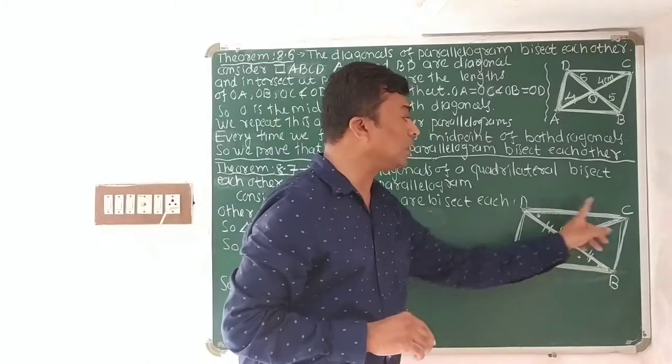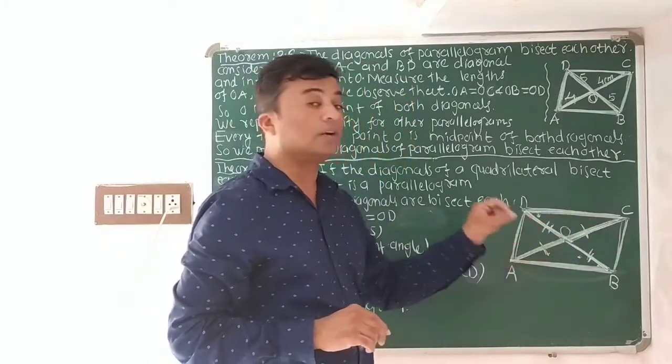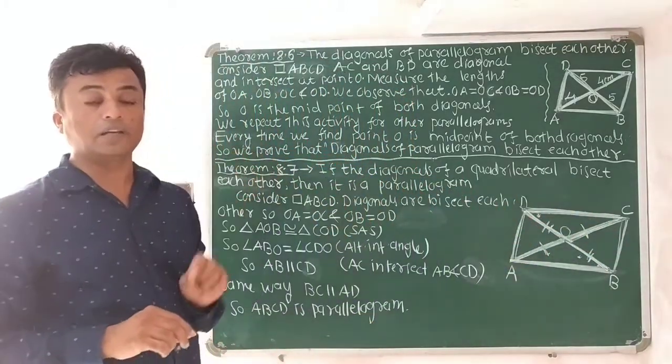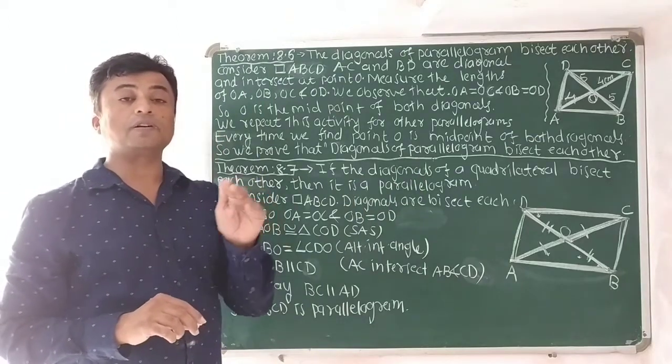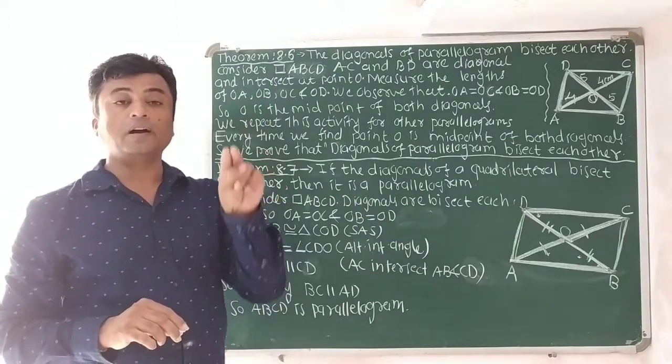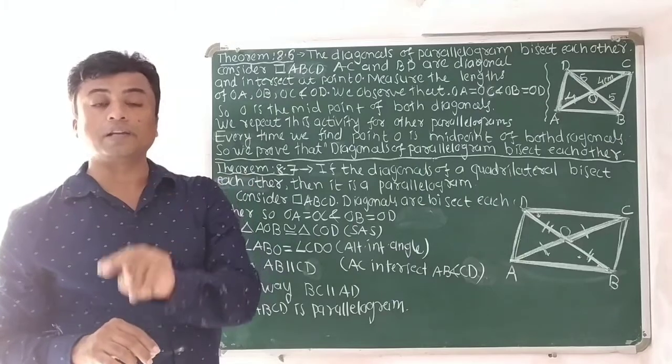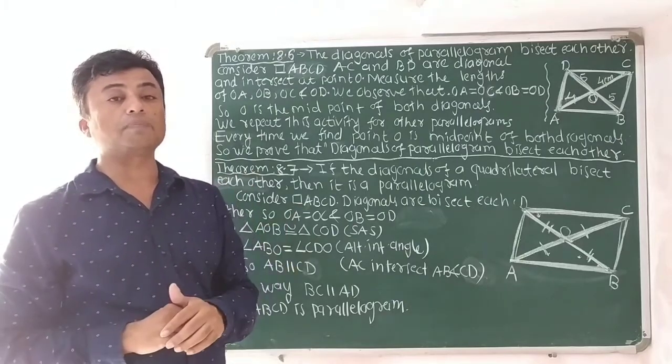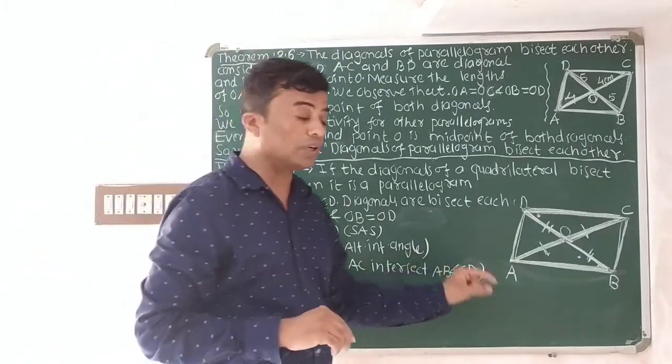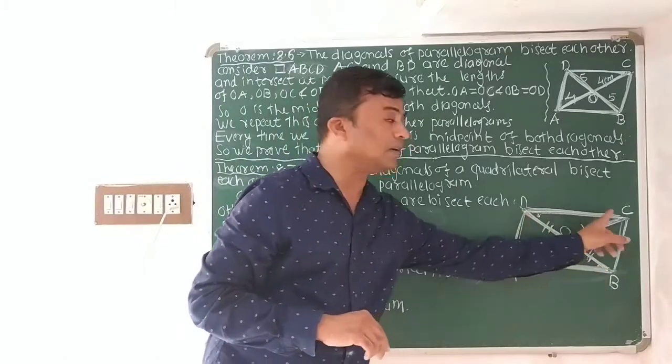So AB is parallel to DC, because when a transversal intersects two lines and alternate interior angles are equal, the two lines are parallel. So here we proved that AB is parallel to DC.